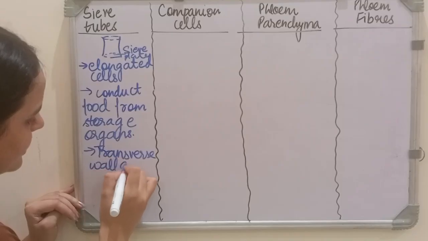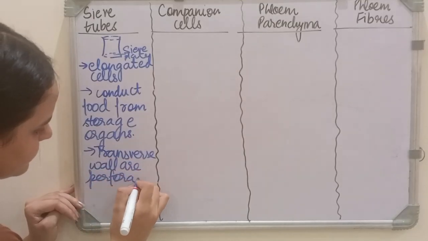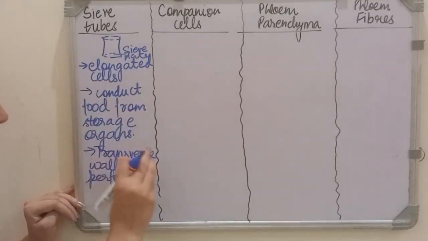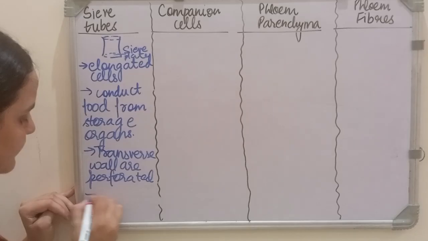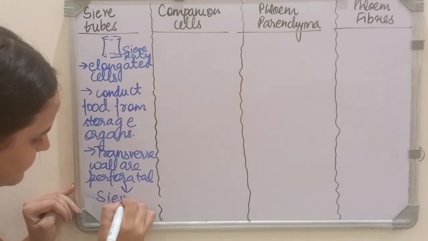Means there is a small opening. The transverse wall is perforated, which is known as sieve plate.